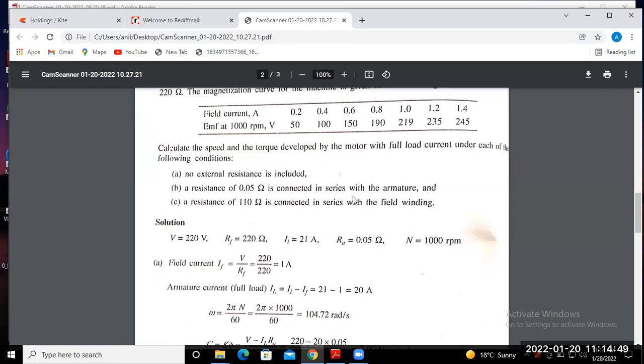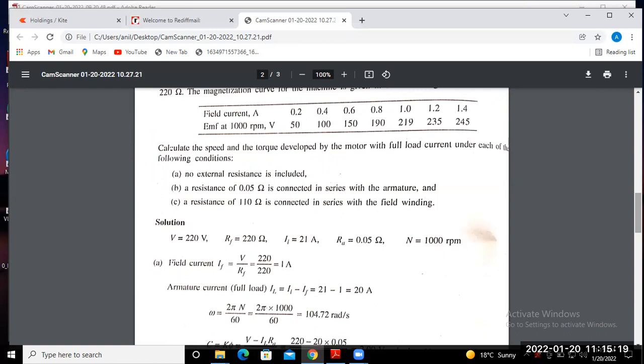So if any resistance is connected in field winding, that means obviously we have to change the value of field current. Okay, since the field current, that means IF equal to V by total resistance in the field winding. So field winding resistance changes here, with 110 ohm connected with the field winding.